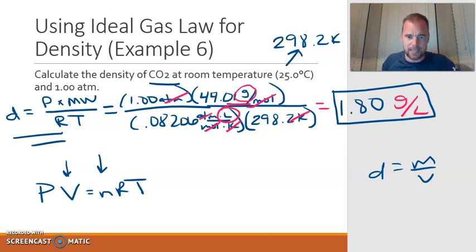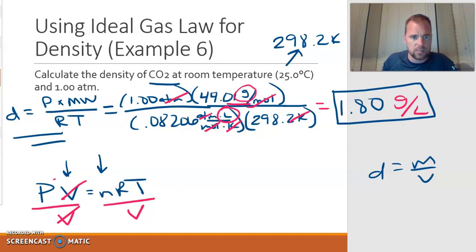So here's where I'm going to do a little maneuvering around of things. I'm going to divide both sides by volume here. Okay, so that'll cancel out volume there. And then I'm also, let me do a different color so I can mix things up a little bit. I'm going to divide both sides by RT as well.